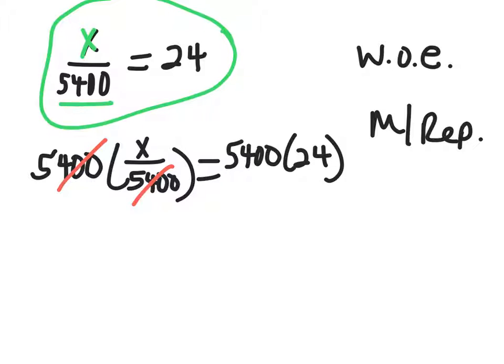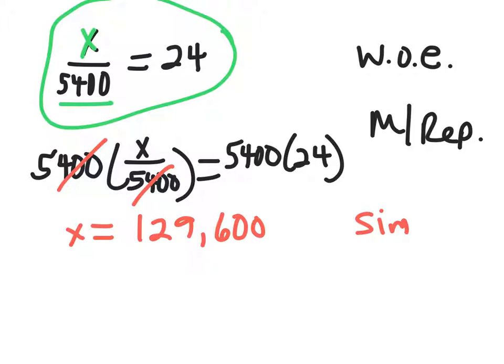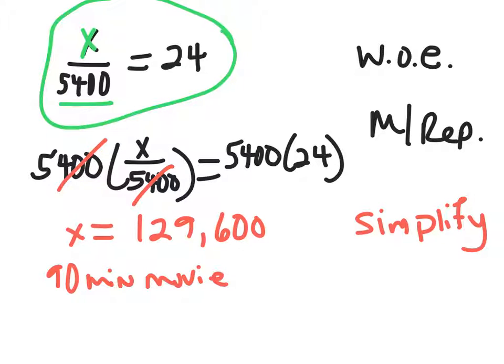We can cross out that. We are left with X equals 129,600, and my silly cat is back on the desk. And so what we can say then at the end is the 90-minute movie had a total of 129,600 frames.